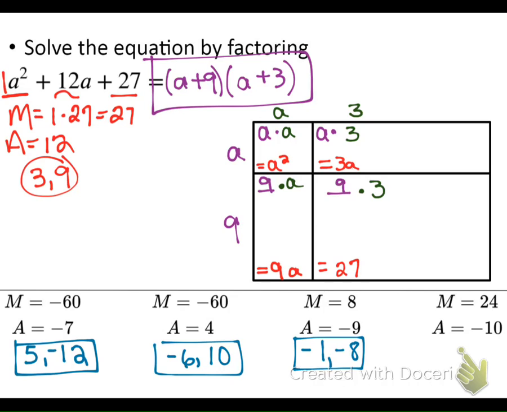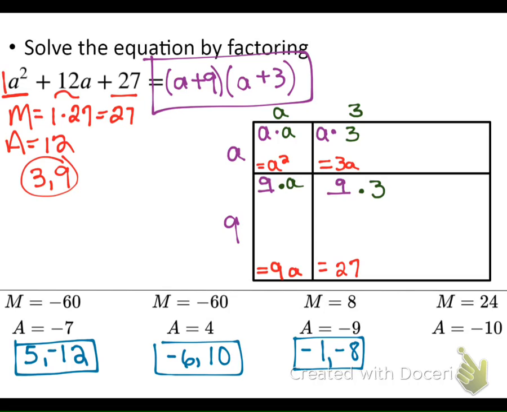Your last one is 24 as your m, and your a is negative 10. So you're going to find 24 on your factor sheet. Now, because your m is positive and your a is negative, that means that your larger number on your factor sheet is going to be negative. Actually, ignore me, sorry.